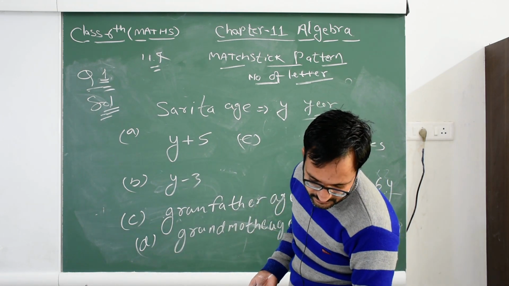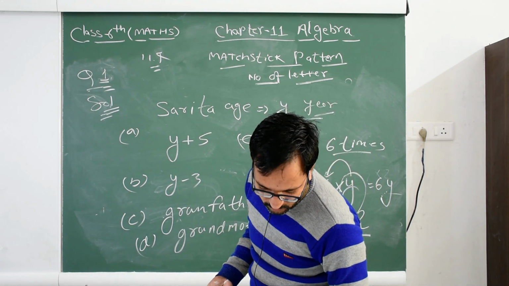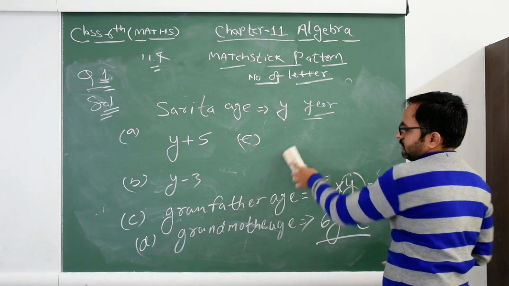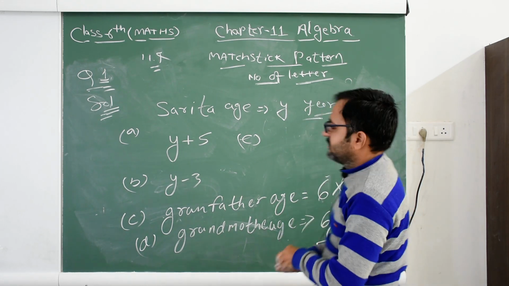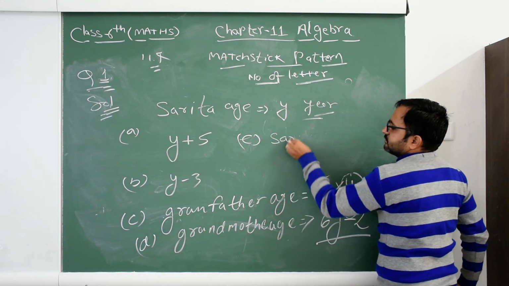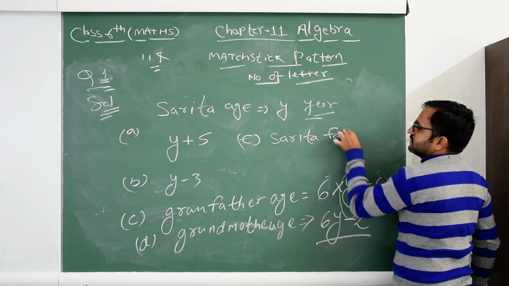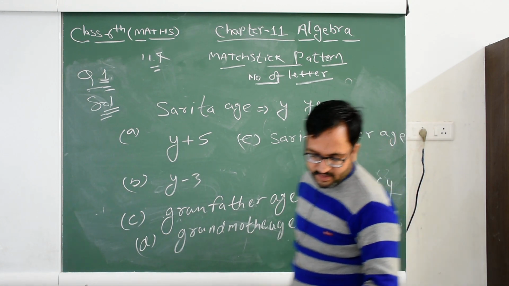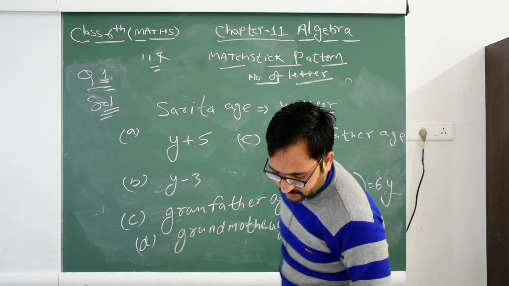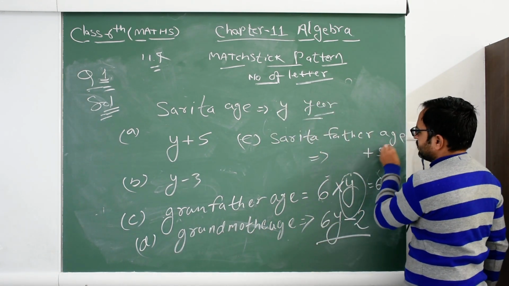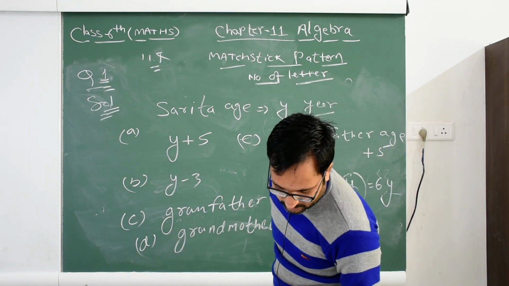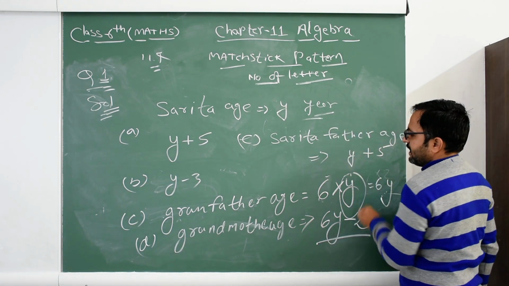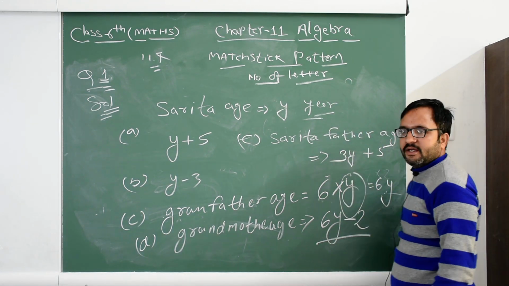And the last part is Sarita's father's age is 5 years more than 3 times Sarita's age. 5 years more than means plus 5, and 3 times Sarita's age: Sarita's age is y and 3 times means multiply by 3.